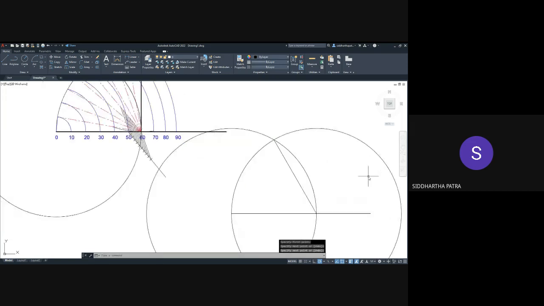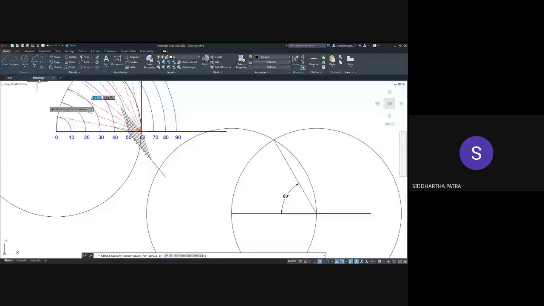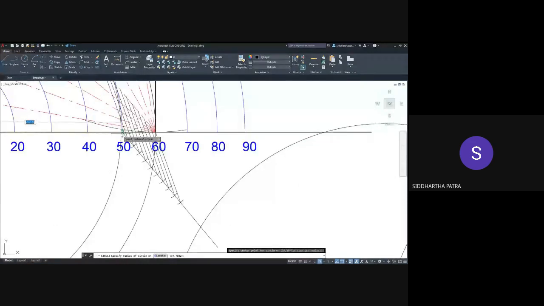So if you do the angular measurement, this angle is 60 degrees, as you can see. But if you take, let's say, a radius from 0 to, let's say, this is 50, then 51, 52, 53.